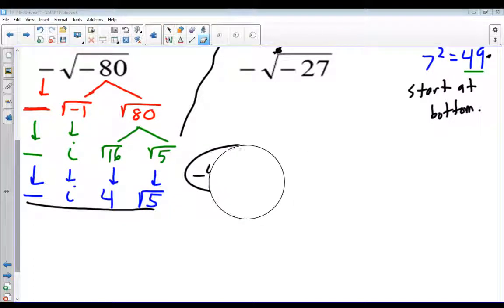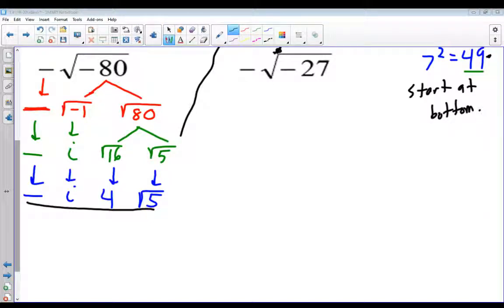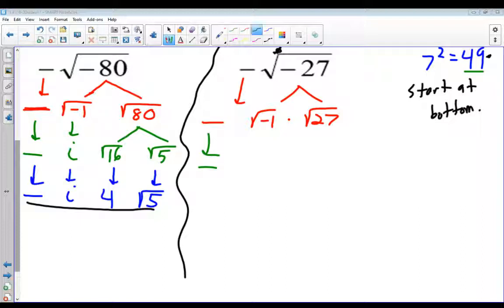Okay, I'm going to erase this just to make room. So to start off, drop down the outside negative. Then this has to split into negative 1 and 27. The negative still drops. The square root of negative 1 becomes I, and the 27 is going to have to split.